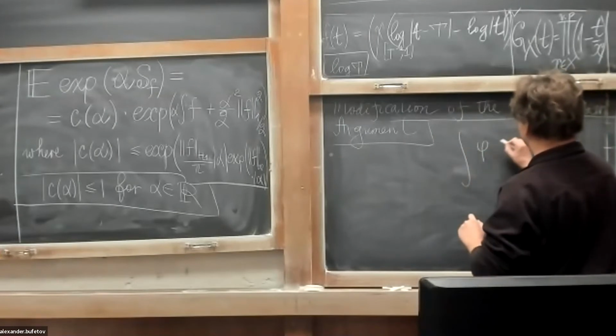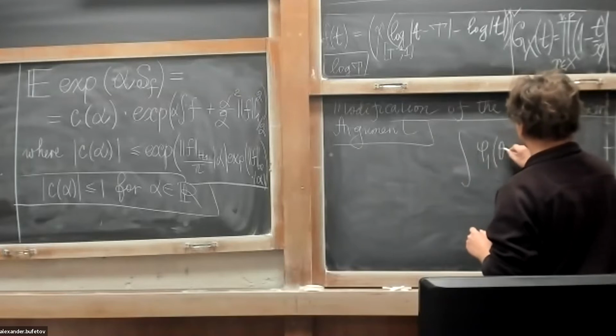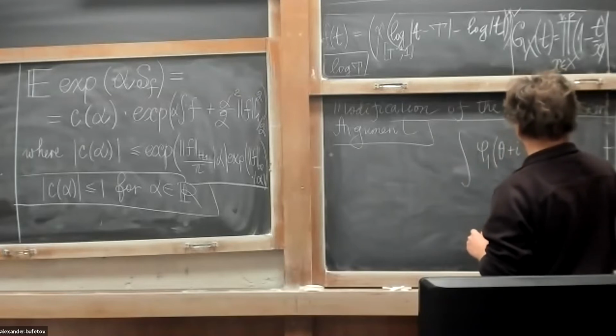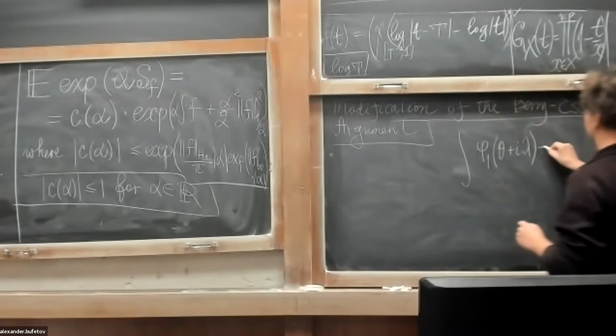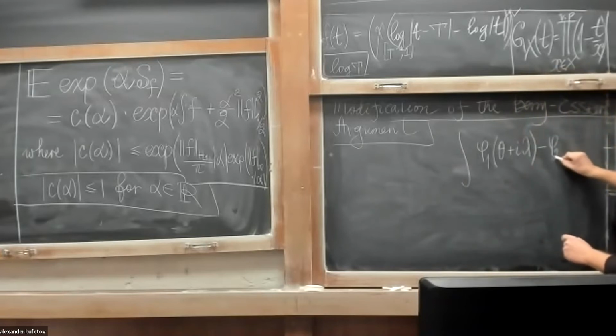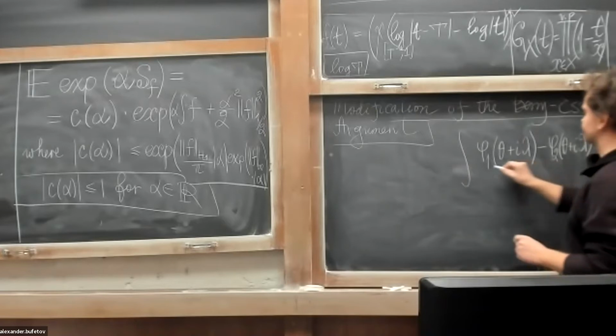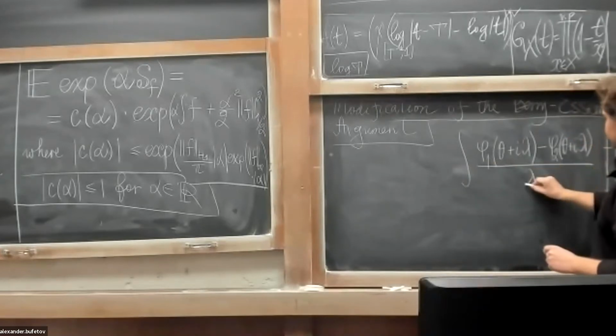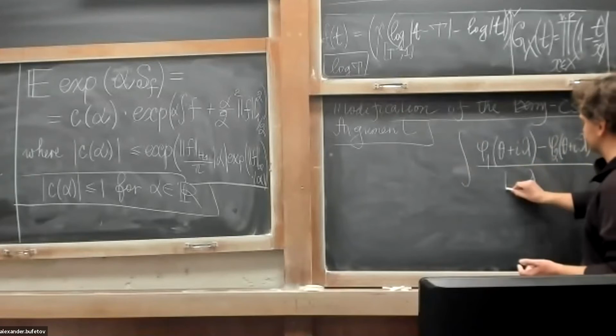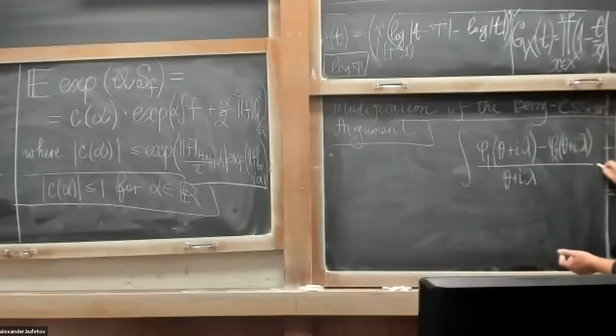So I have phi 1 of theta plus i lambda minus phi 2 of theta plus i lambda, over theta plus i lambda, of course, d lambda. Fantastic. So this is the integral I get.